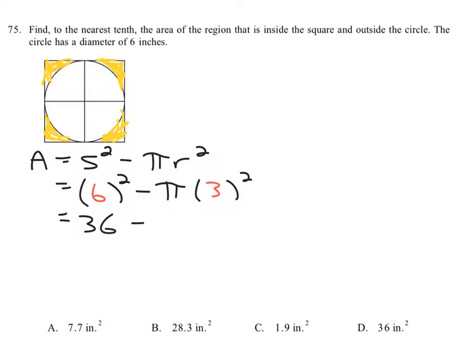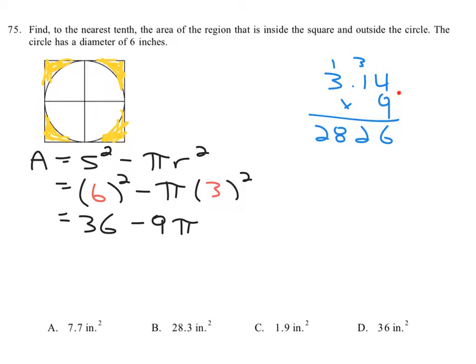minus 9 pi. Okay, and you could type that into your calculator, but I'm also going to just calculate pi as 3.14, so I'm going to do 9 times 3.14. I know to put 3.14 first because 9 below only gives a single line of digits: 9 times 4 is 36, carry the 3, 9 times 1 is 9, 12, 27, 28, and there are 2 digits in the problem behind decimals, so there's going to be 2 in the answer.